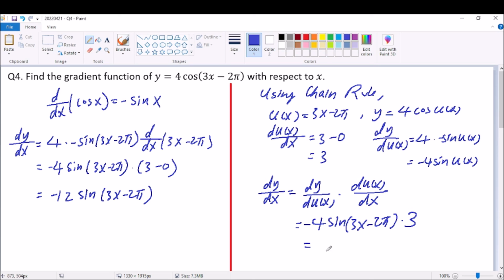And so the final expression is minus 12 sine (3x minus 2 pi).